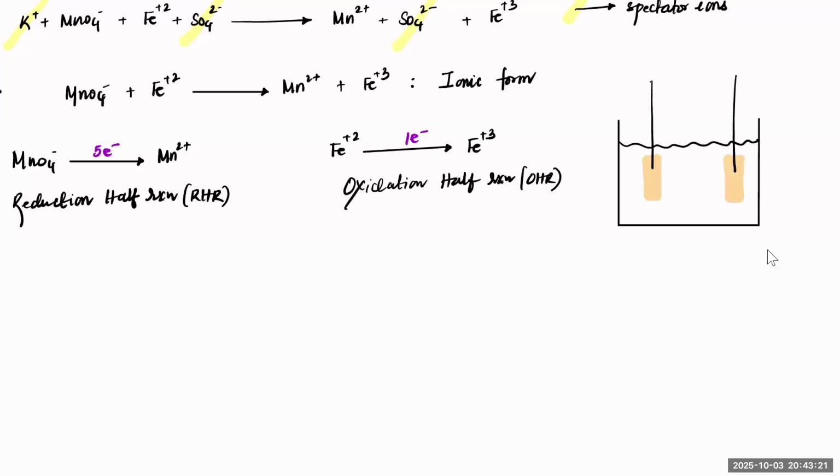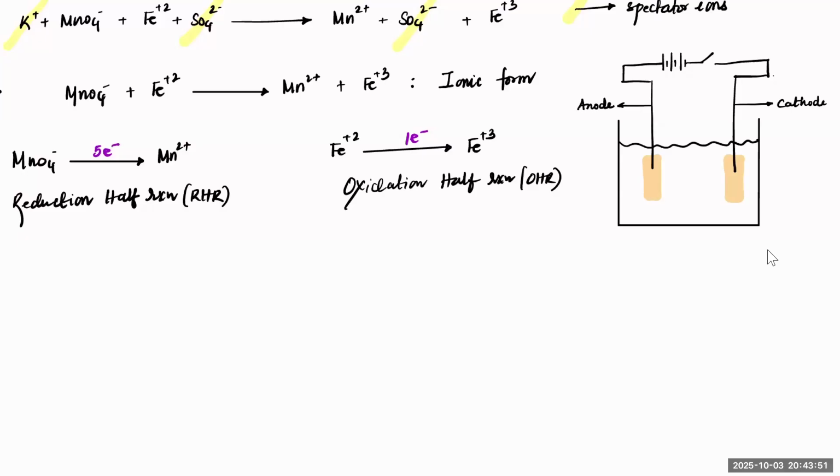If you connect these electrodes to an external battery source like this, and then make the redox reactions happen, the negative terminal where it is connected is called the cathode, and the positive terminal where it is connected is called the anode.